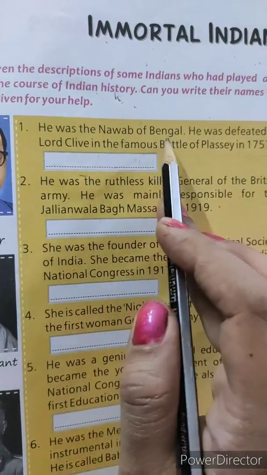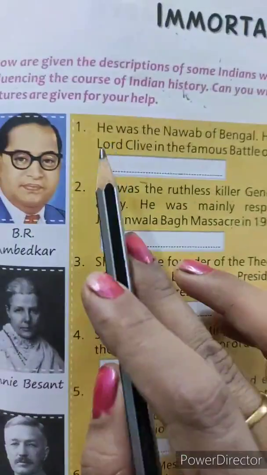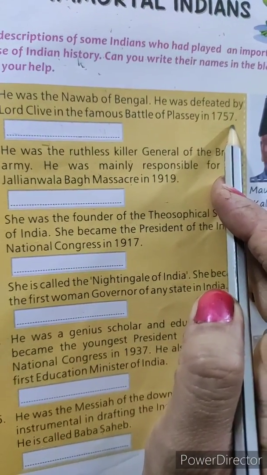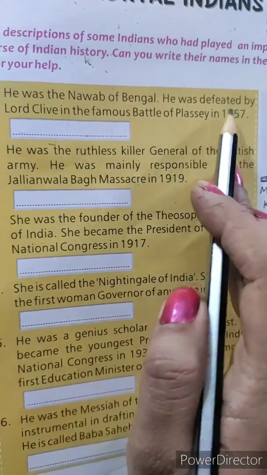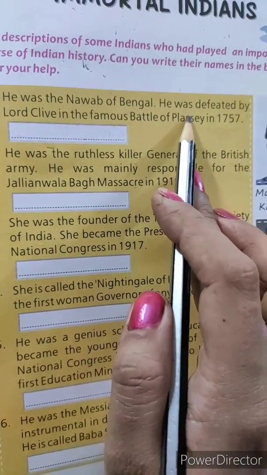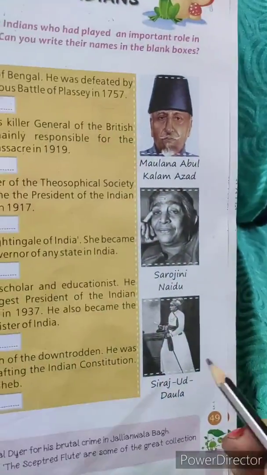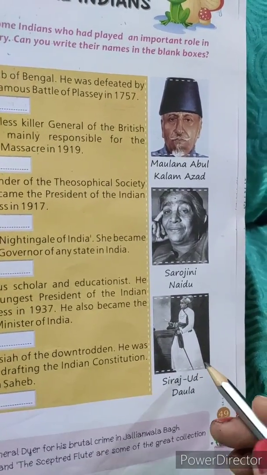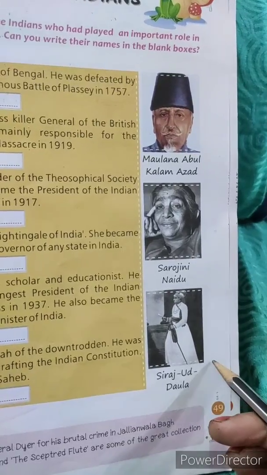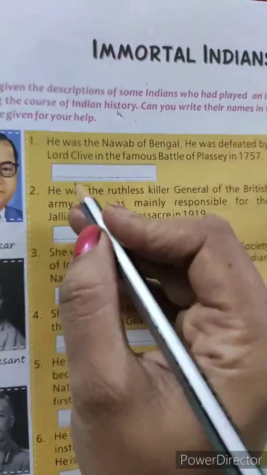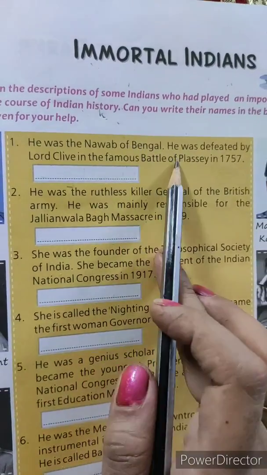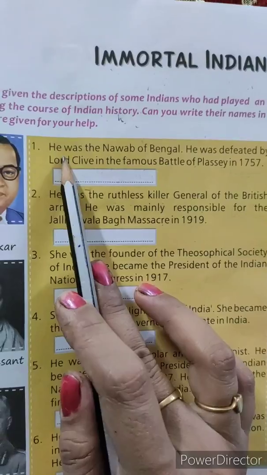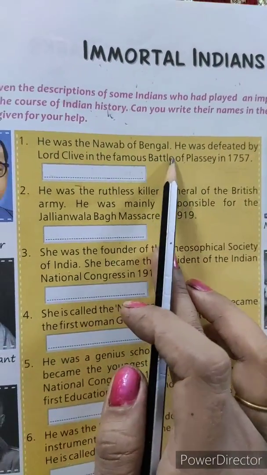He was the Nawab of Bengal. He was defeated by Lord Clive in the famous Battle of Plassey in 1757. Siraj-ud-Dowla was the Nawab of Bengal. Here is the picture of Siraj-ud-Dowla. The Nawab of Bengal had a battle in Plassey in the year 1757 with Lord Clive, in which he got defeated.